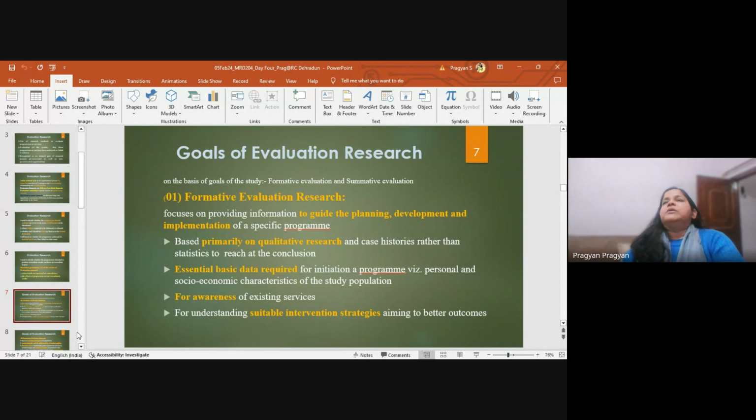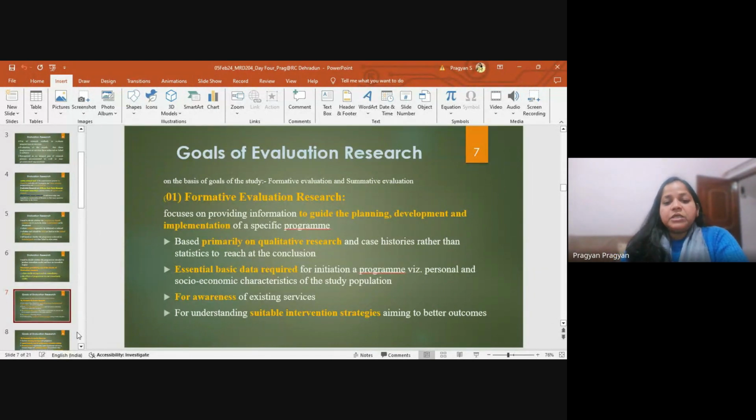For example, let's say you are working with a team which is going to work on child rights based issues. What do you need? You have to understand who are the most vulnerable groups of children in that particular population.